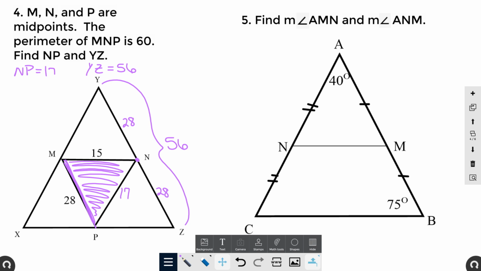Now, what fact is going to help us find angles? Look at your index card. What fact can help us determine the angles?